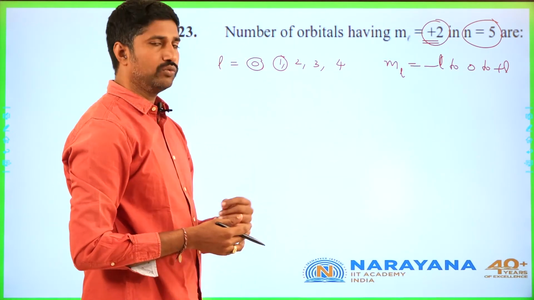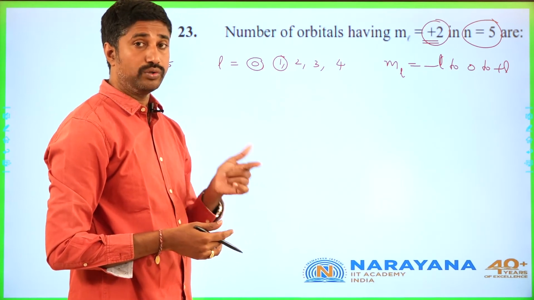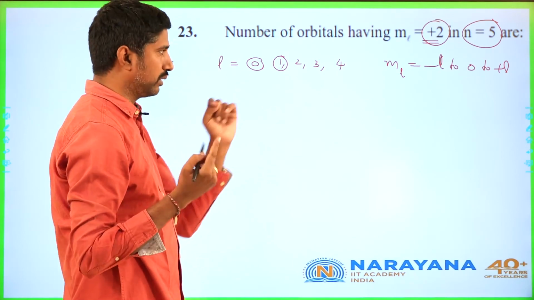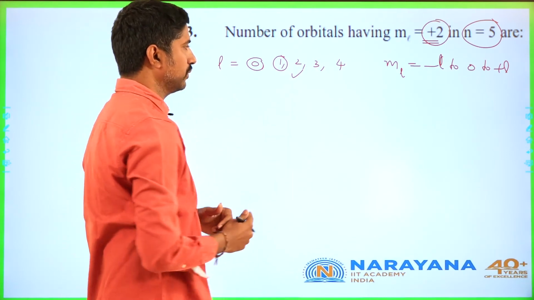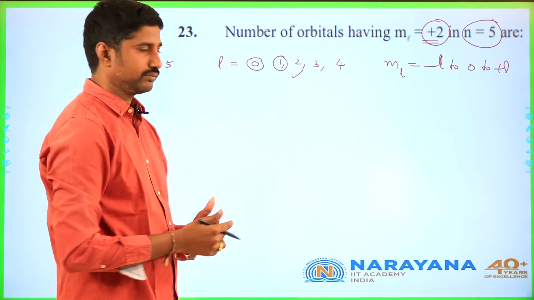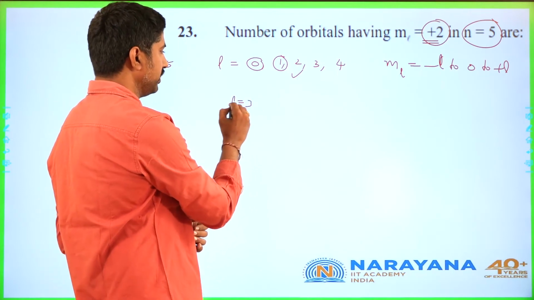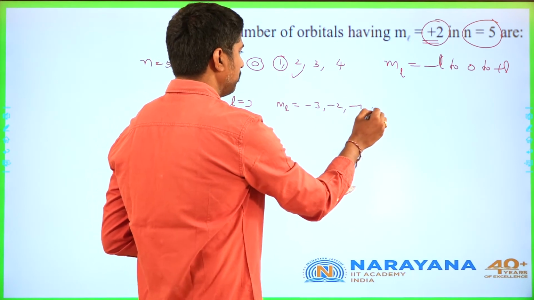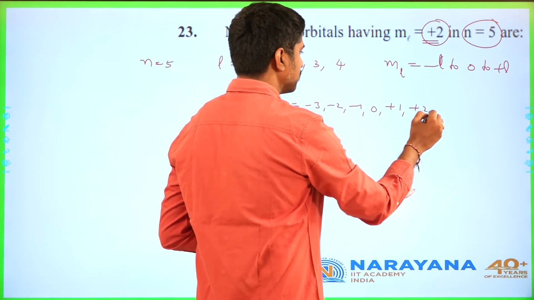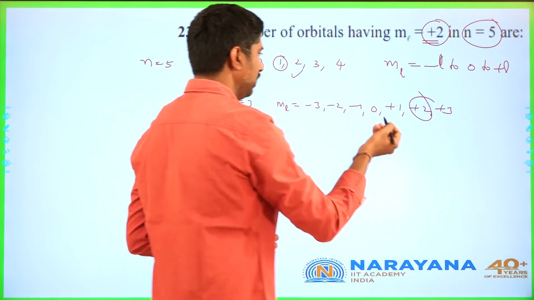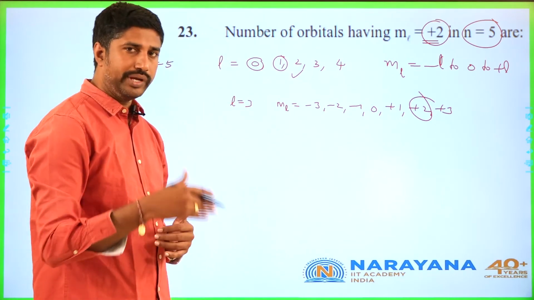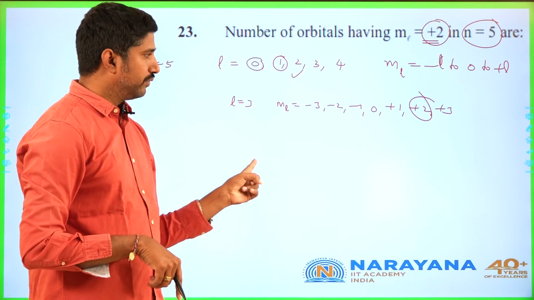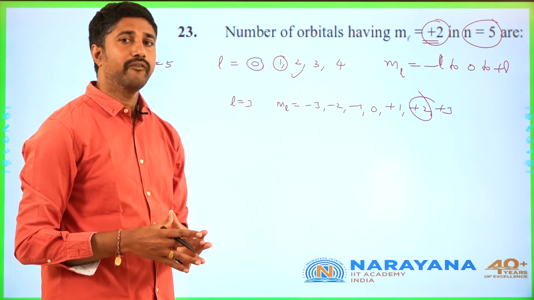If l is equal to 2, then ml is from minus 2 to plus 2, so there is one possibility in this one. If l is equal to 3, then ml values are minus 3, minus 2, minus 1, 0, plus 1, plus 2, plus 3. Again, in l equal to 3 we have one more ml value of plus 2. Similarly, if l is equal to 4, again we find one more ml value of plus 2.